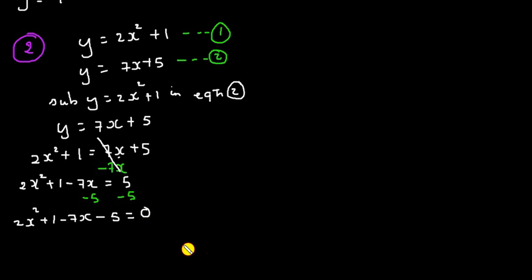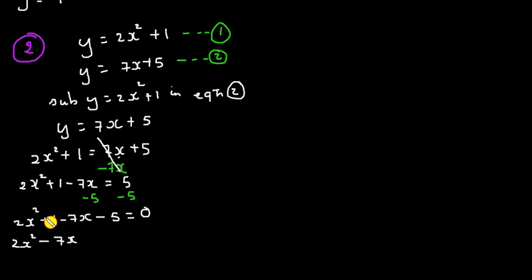So what do we do next? Here we simplify. Now the song says, follow the leader, leader, leader, follow the leader. So we are following the leader. We write 2x squared first, followed by minus 7x.